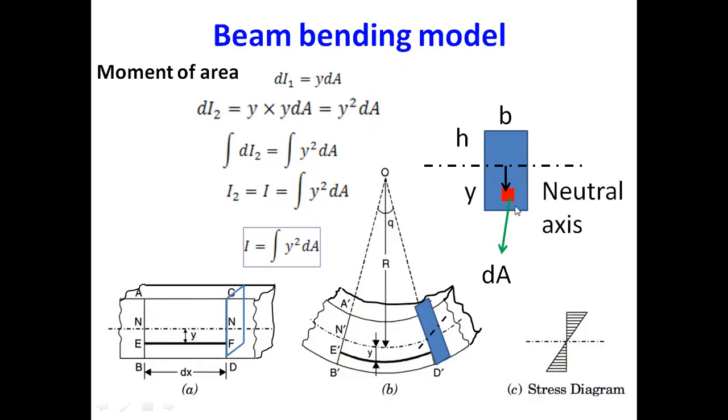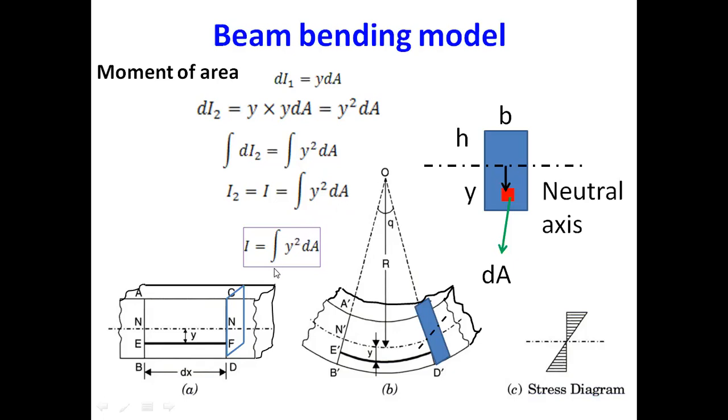In order to find the moment for the whole cross-section area, we have to integrate on both sides. So integrating on both sides, I, the second moment of the whole cross-section, is equal to the integral of y squared dA. When we are doing modeling, you will see this term, integral y squared dA.